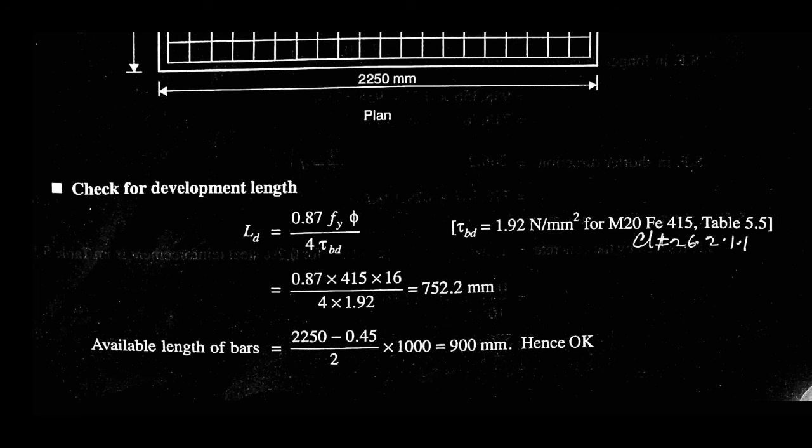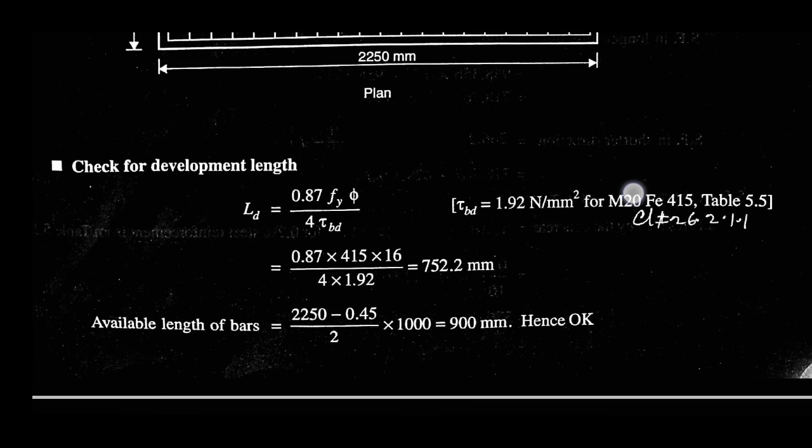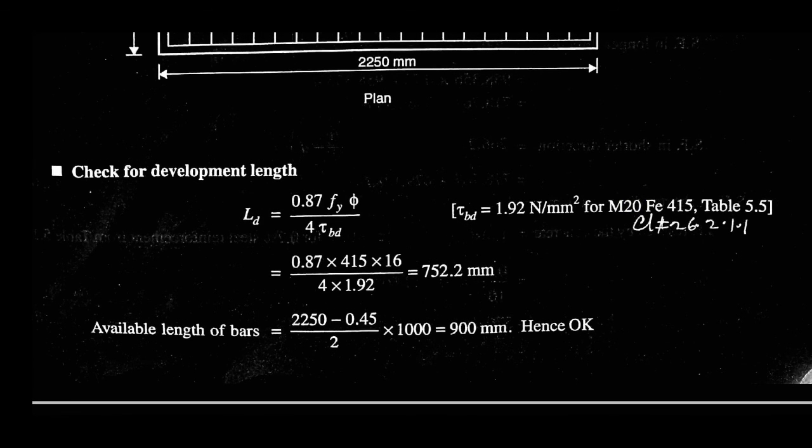Okay, so Ld is equal to 0.87 fy into phi by 4 tau bd, that is equal to 0.87 into 415 into dia of bar 16 by 4 into tau bd is 1.92 for M20 concrete and Fe415 steel as per IS 456/2000, that is equal to 752.2 mm and available length of bars is 2250 minus 0.45 by 2 into 1000, that is 900 mm. So this is greater, hence okay.